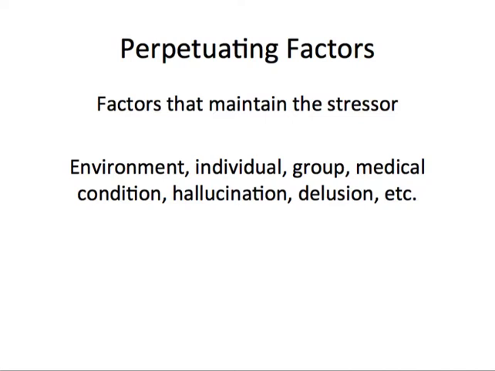But these symptoms only occur in the home environment. The home environment would then be considered a perpetuating factor that maintains this stressor. This would clue the psychiatric practitioner to explore attachments and interpersonal relationship issues that may arise from the home environment.